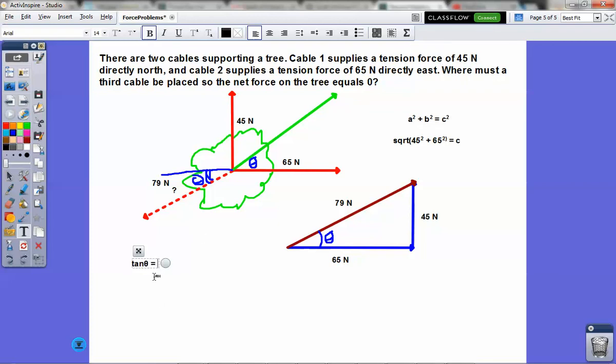Tangent theta equals the opposite divided by the adjacent, which in this case equals 45 over 65. And if I wanted to find out what the angle is, I can just do the inverse tan, tan minus 1, of that ratio. And that would equal my theta.